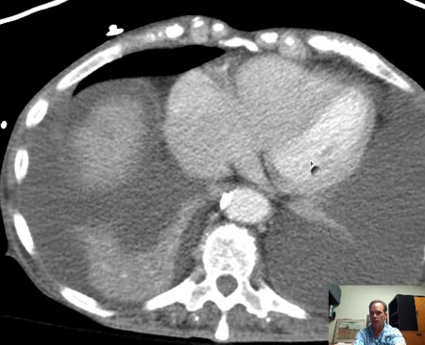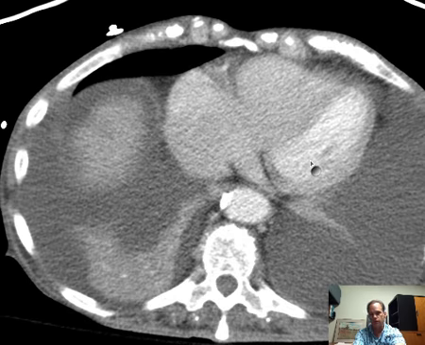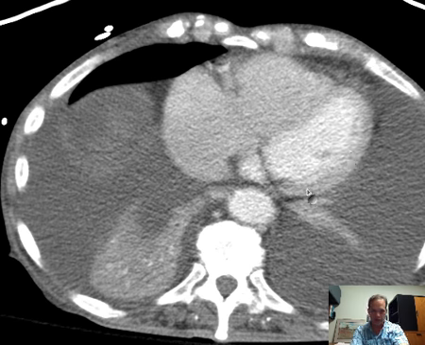And because it contracts with such great force to supply the entirety of the body with the exception of the lungs, it has a very thick muscular wall. Now, this is not the thickest example, but you can see that it's clearly thicker than the right ventricle, which is not even discernible as a clear structure.